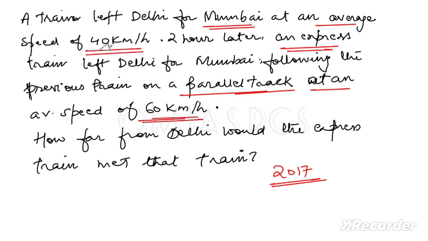This express train is faster, so obviously it will overtake after some time. How far from Delhi would the express train meet that train? We have to find the distance. I'm giving you one hint: solve based on relative speed.